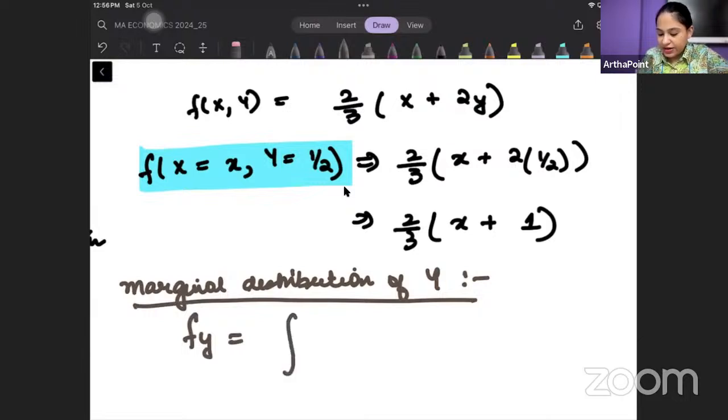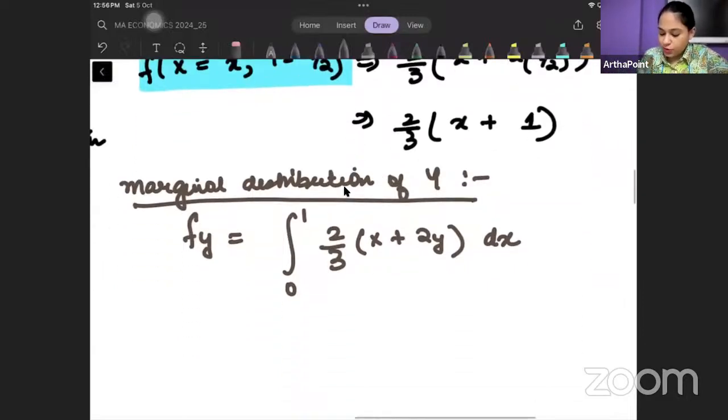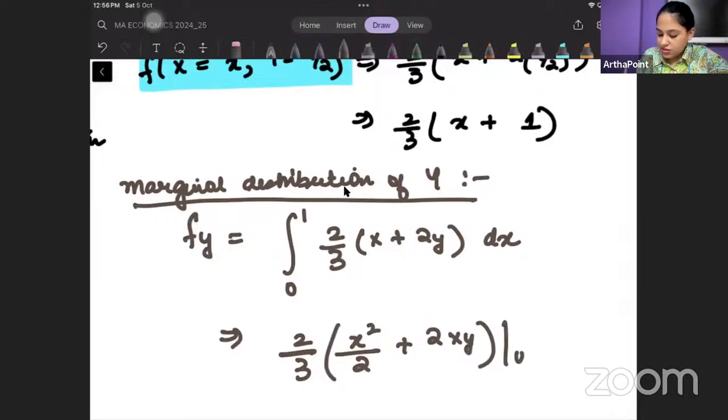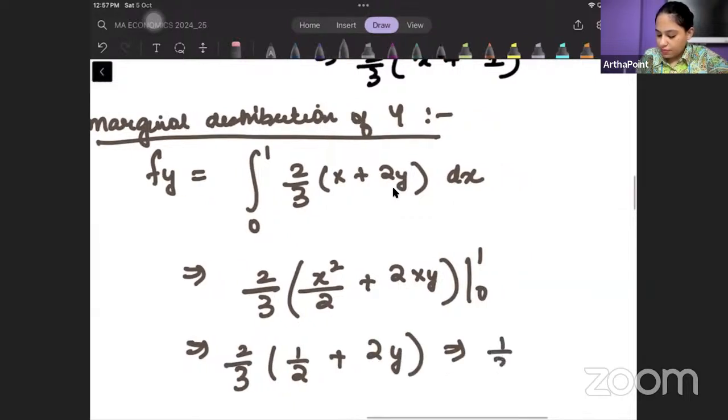I will integrate 2 by 3 (x plus 2y) for all possible values of x, x is between 0 and 1. Just integrate it. What will you get? 2 by 3 (x square by 2 plus 2xy) between 0 and 1. Right? Put the values, get the answer. What will happen? 2 by 3 (1 by 2 plus 2y). This will be 1 by 3 plus 4 by 3 y.